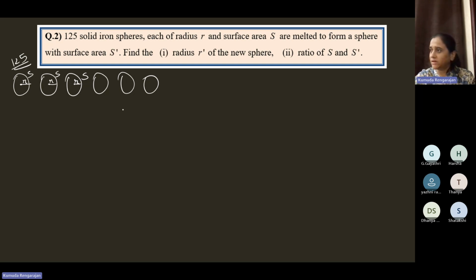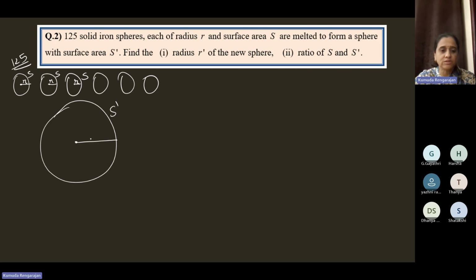So all this is melted and made into one sphere of surface area S dash. You need to find the radius R dash of the new sphere and also find the ratio S to S dash.